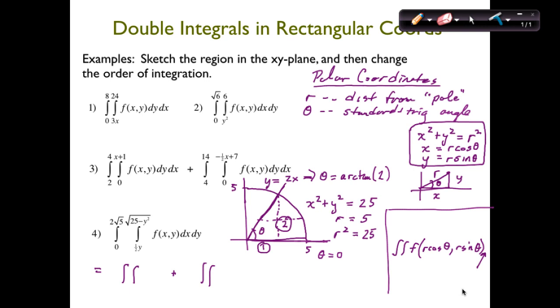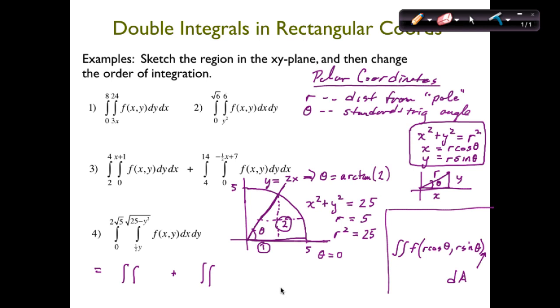And then our variables are r and theta. So our dA is going to have to do with r and theta. So is it going to be just dr d theta? We want to explore that a little bit. But in general, what will our mantra be?